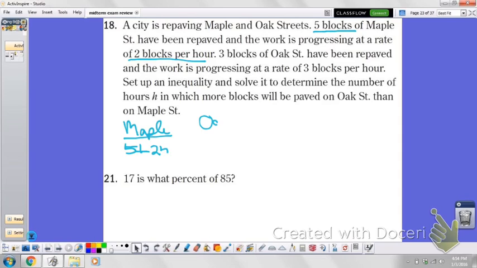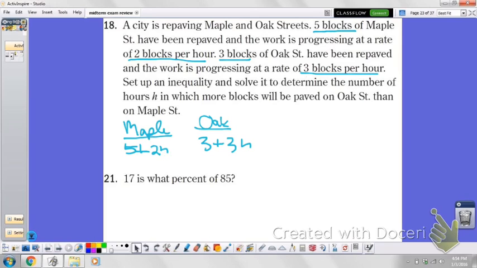Then for Oak, we already have 3 blocks paved, and it is progressing at 3 blocks per hour. So that looks like 3 plus 3h.